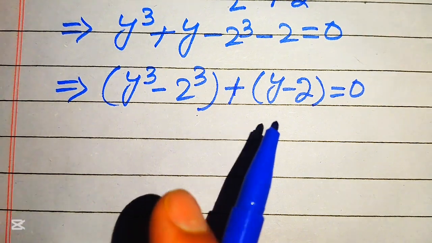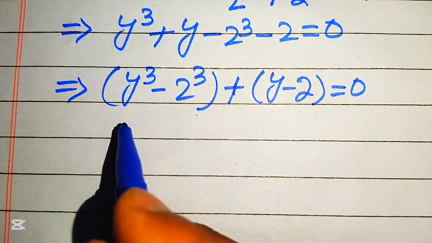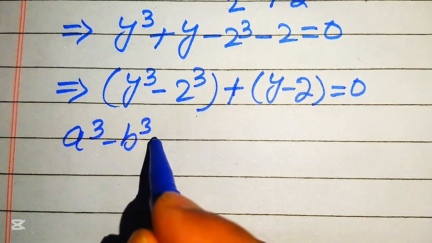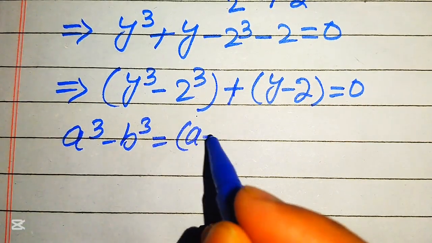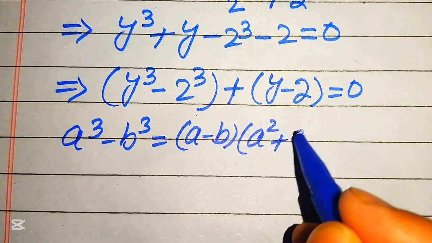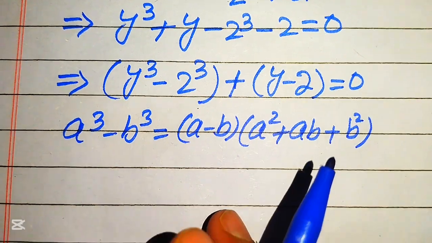So further in the next step we need to apply the cubic formula on the first term. Here we use this nice cubic formula: a cubed minus b cubed is equal to a minus b times a squared plus ab plus b squared.